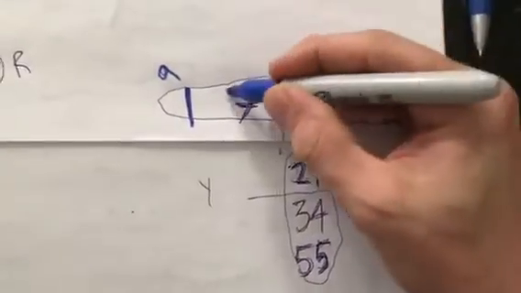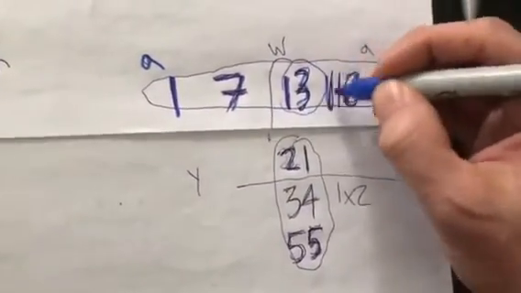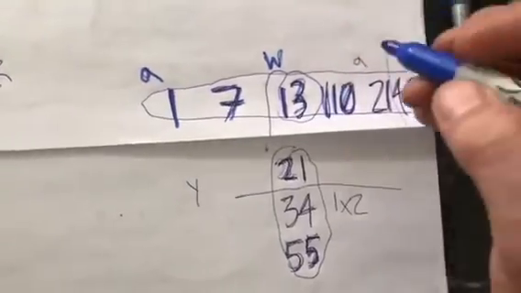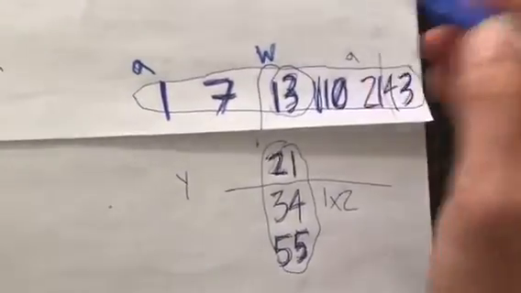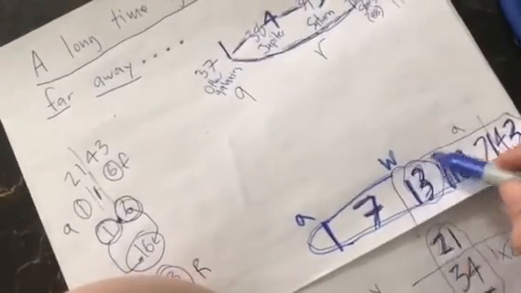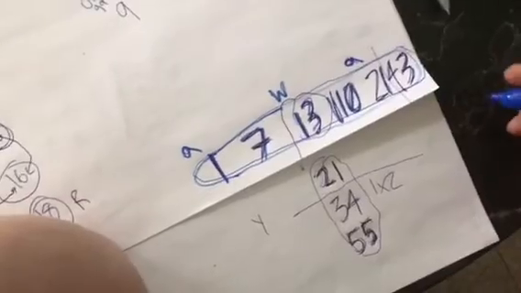7 and 13 is 20. Plus 3 would be W. Your A would be the 1x5. Oh my god. That encompasses Earth. 5D Earth.